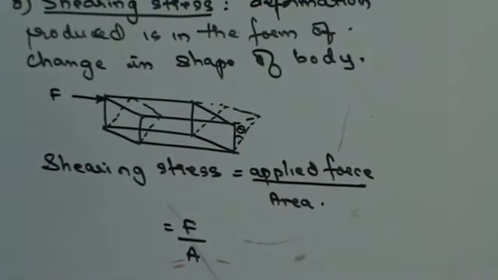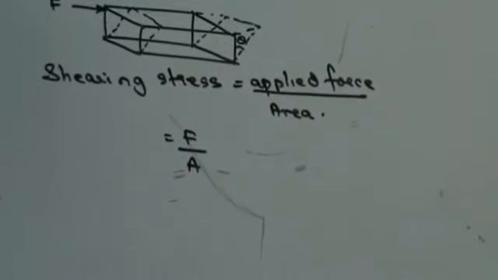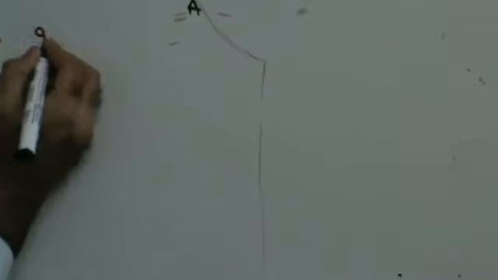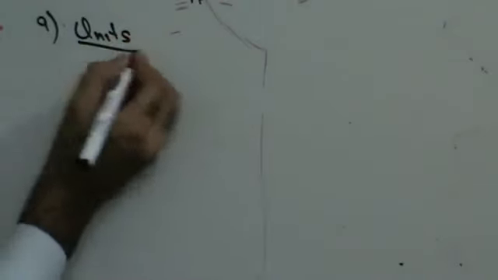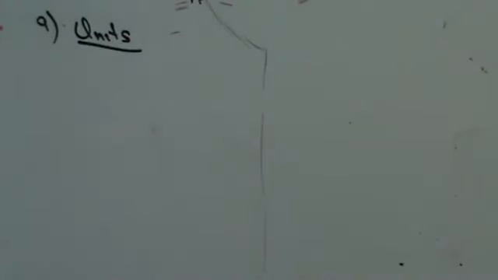Next, now stress therefore can be defined as the ratio of force per unit area. So in that case, what will be the units of stress? Stress is force upon area.